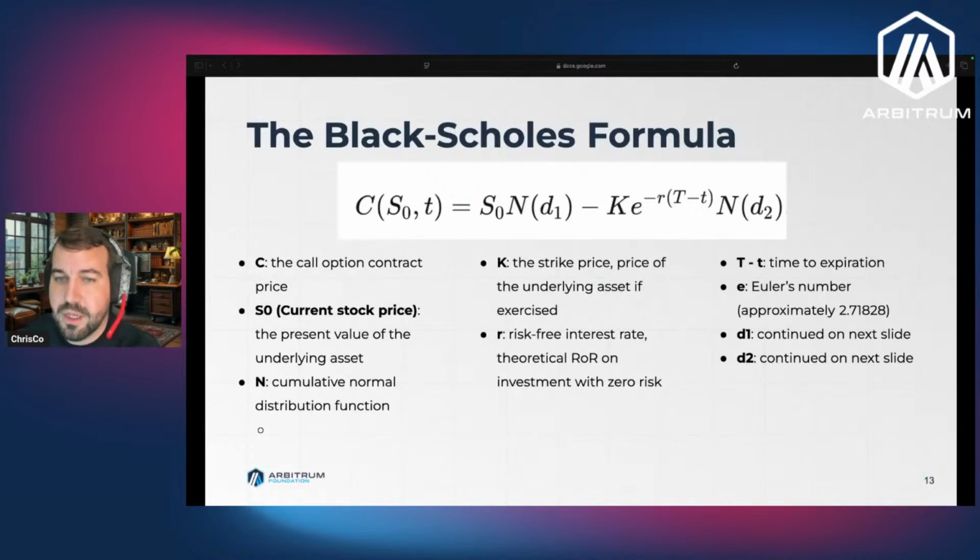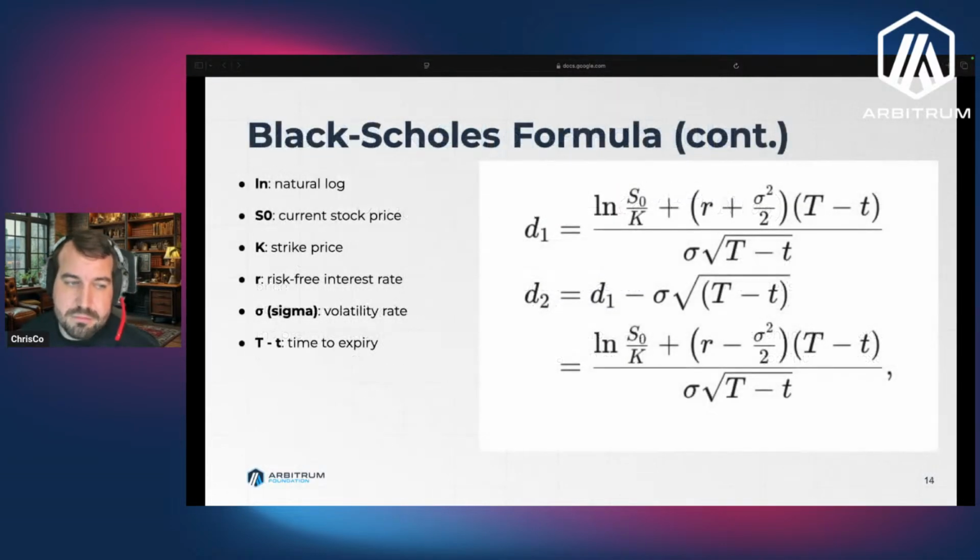This is a formula that works to price options in a way that factors for randomness, interest rates, the amount of time that you have to exercise that option, and the probability that it actually finishes in the money. In other words, in the case of a call option, the probability that it's going to exceed the strike price by the expiration date.